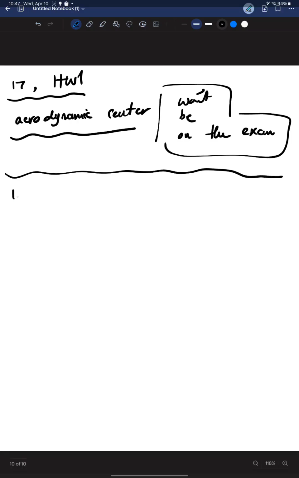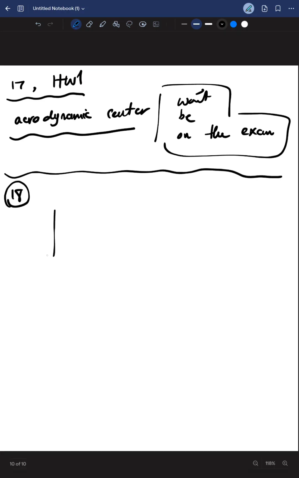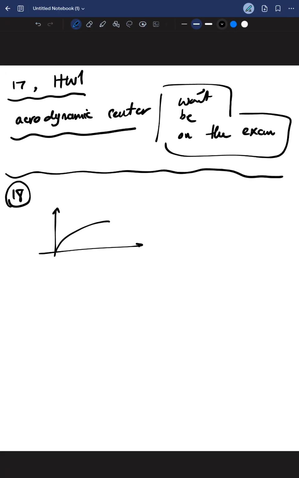Problem 18, we are asked to find the drag coefficient or friction coefficient using the boundary layer formulas. And if you recall, the idea was you have these boundary layers that can start on a flat plate as laminar boundary layer and transition to turbulent based on your Reynolds number, or they can start as turbulent from the get-go.